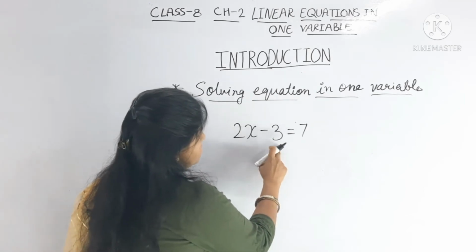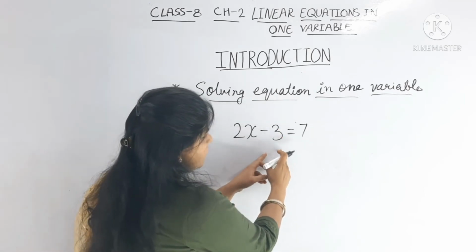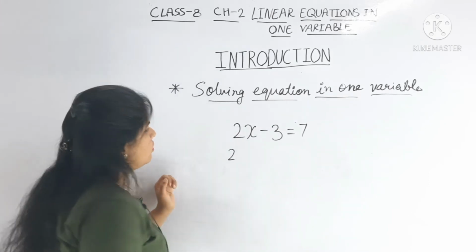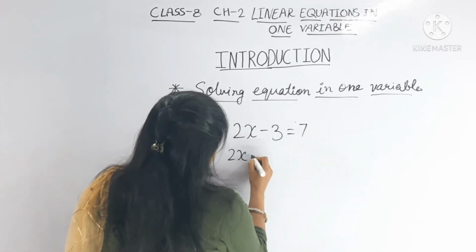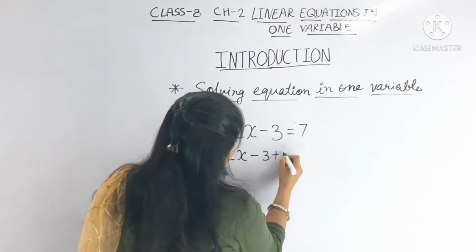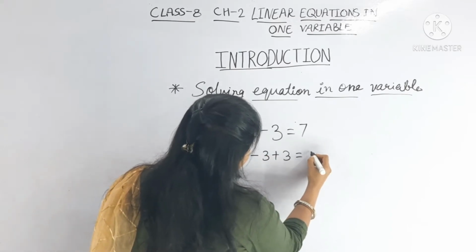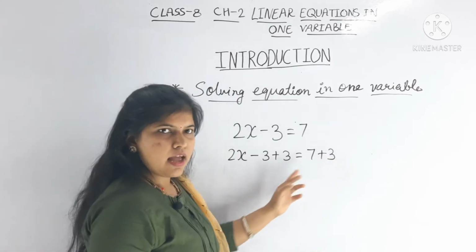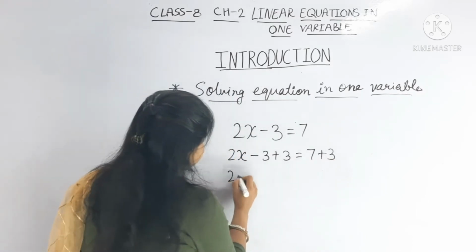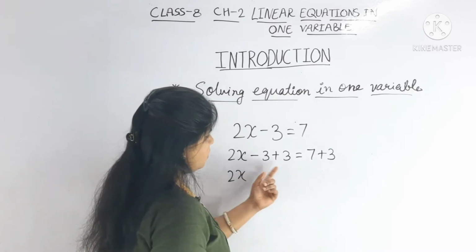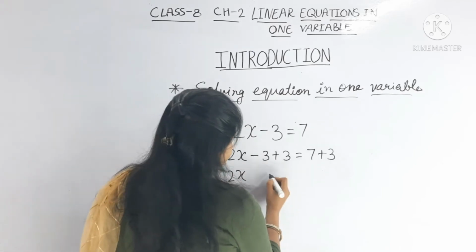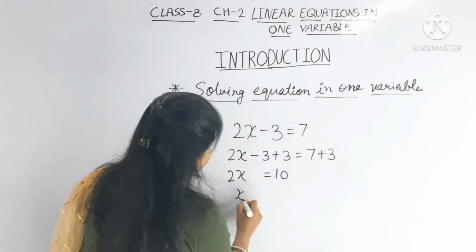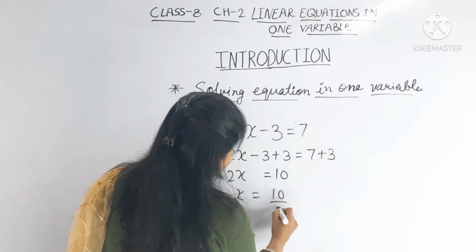Here is minus 3, so for cancelling minus 3, I am adding plus 3 to both sides. Here 0 and here 7 plus 3 is 10. So 2x equal to 10.